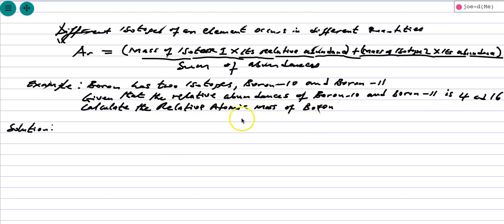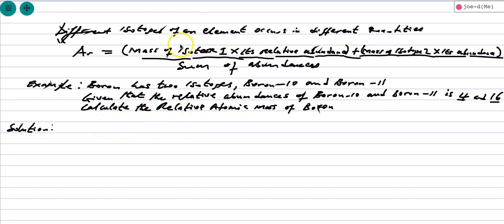Okay, so here we have two isotopes of boron, boron-10 and boron-11, and we've been given the relative abundances as 4 and 16, and we are required to work out the relative atomic mass of boron.